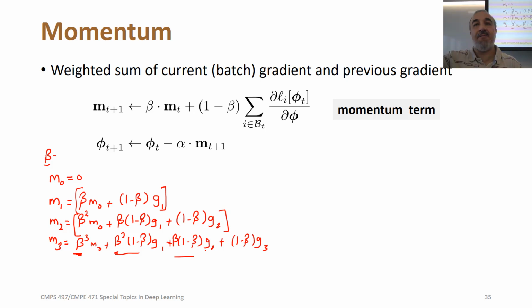This is a weighted sum. Because we are doing that, do you think that the change that will be done will be very different from the previous one? I'm at iteration 100. Based on what you saw in this slide, will the direction that I take now be very different from the direction that I took in iteration 99?